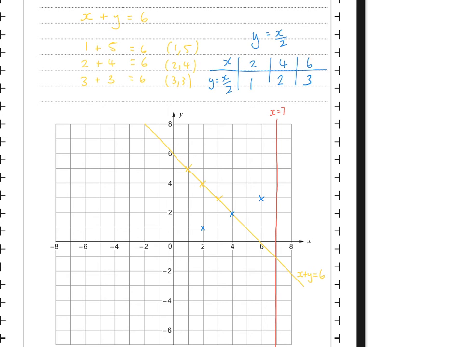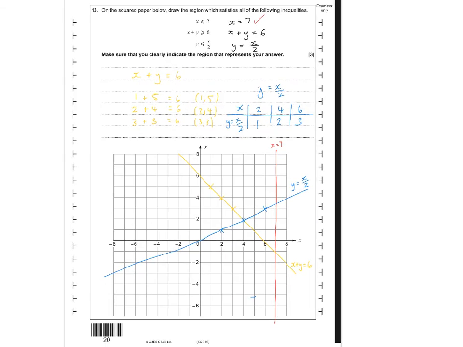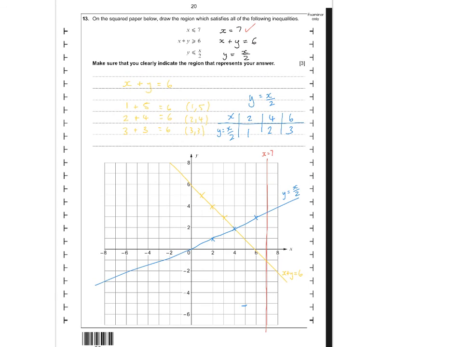And I'm going to draw a straight line going through those points there with my ruler, as so. And I write by that y equals x over 2. Okay. Now, if I was asked to actually go and bet all my money on where the region is, I would have said it was this bit here, because it's made a shape. It's bound to make a shape.